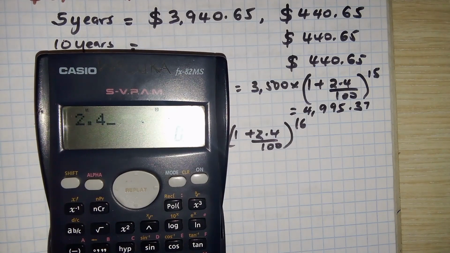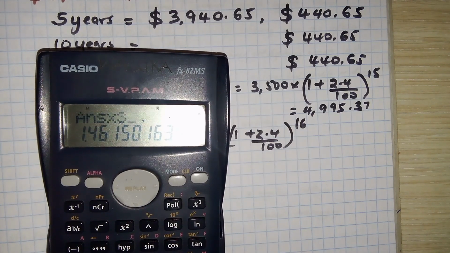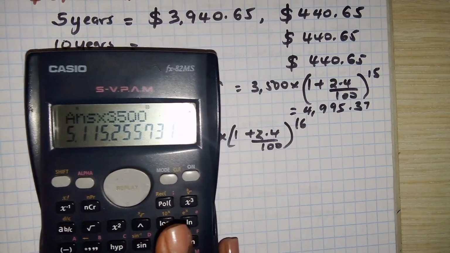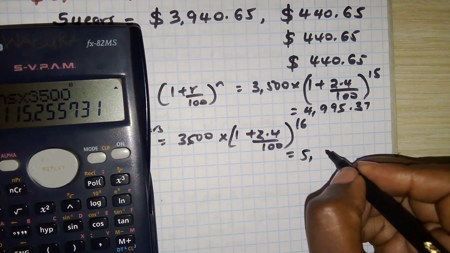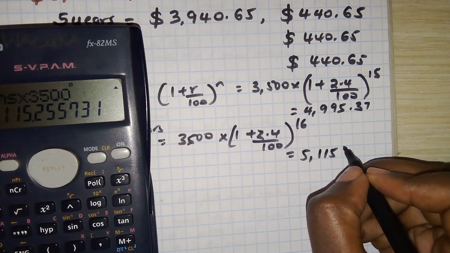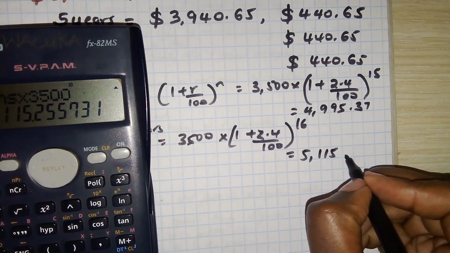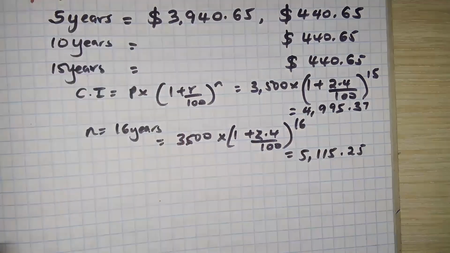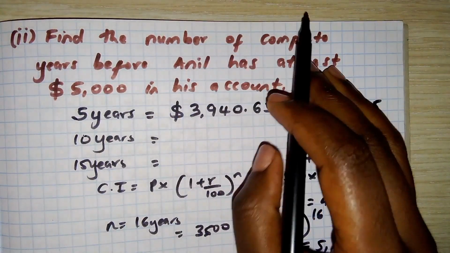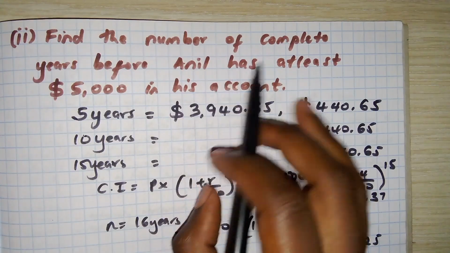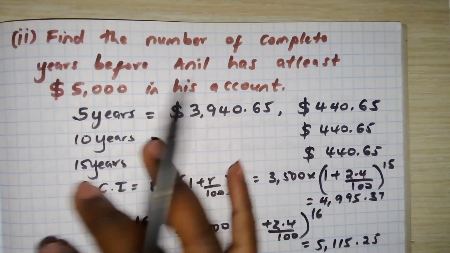That will be 2.4 divided by 100 plus 1, power 16, times 3,500. This one is giving us 5,115.25.